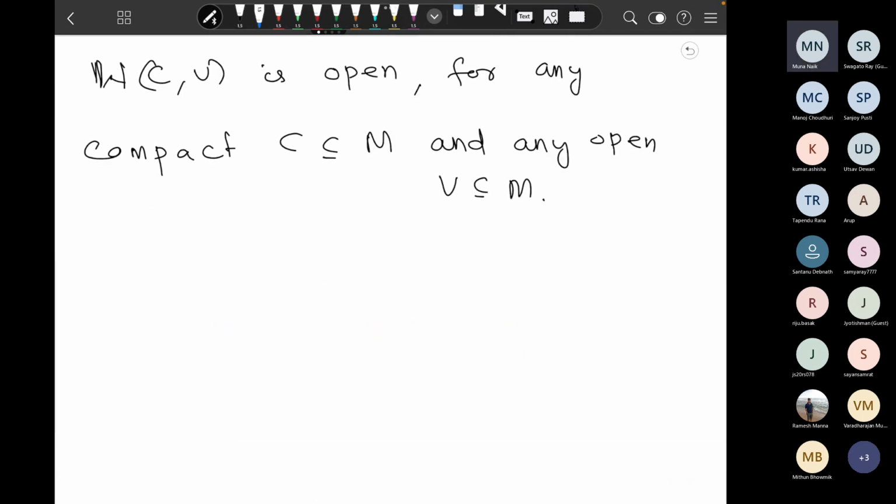Now I will state two or three theorems without proof, because these proofs would take two or three classes. Theorem. Let M be a Riemannian manifold.